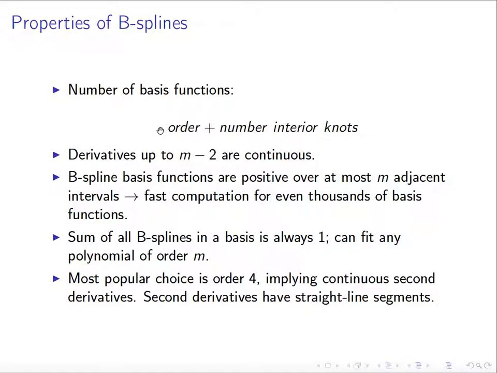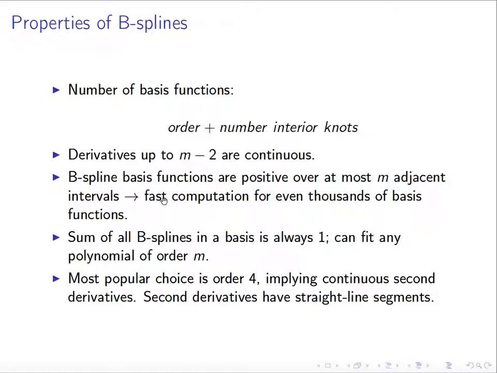Okay, I also mentioned that B-spline basis functions are positive over at most m adjacent intervals. For example, cubic B-splines are positive over at most 4 adjacent intervals, 4 segments.